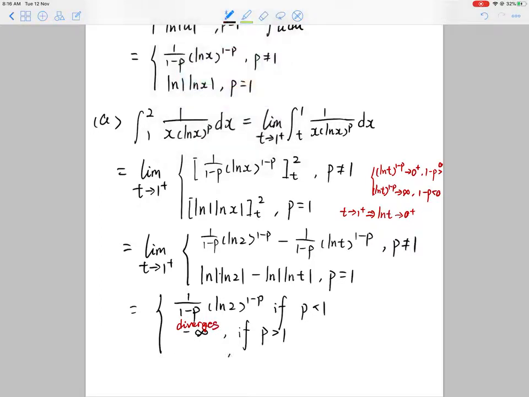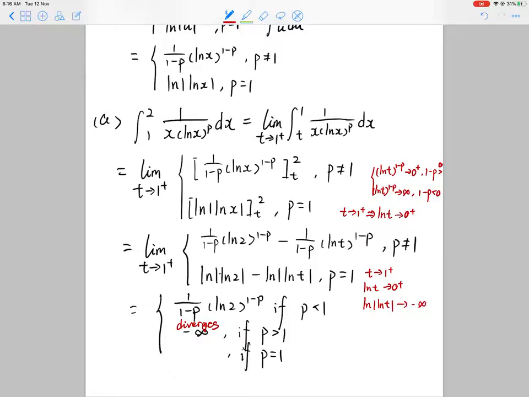What about p equals 1? So when p equals 1, t is approaching 1 from the positive side, ln t is approaching 0 from the positive side, and ln t is approaching negative infinity.